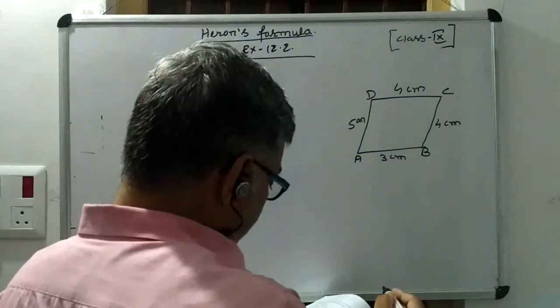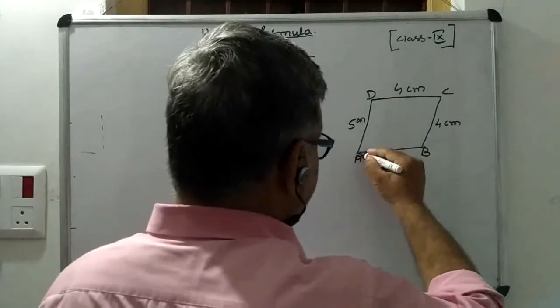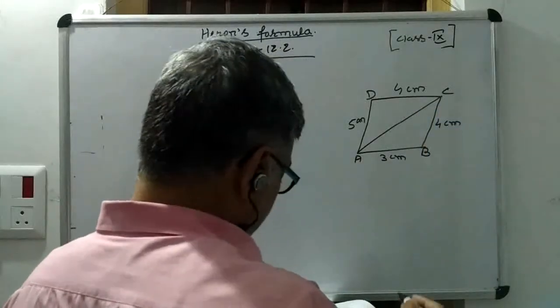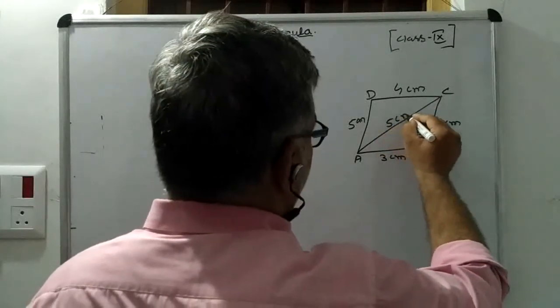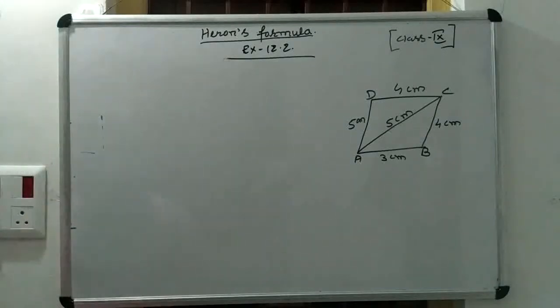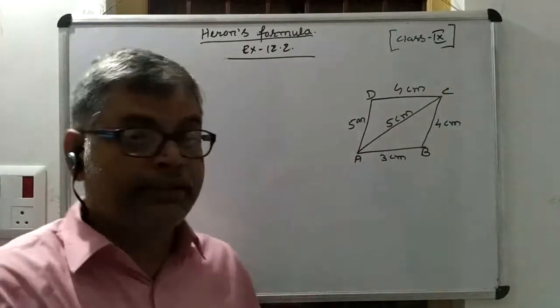And one of the diagonals is also given, AC is 5 centimeter.